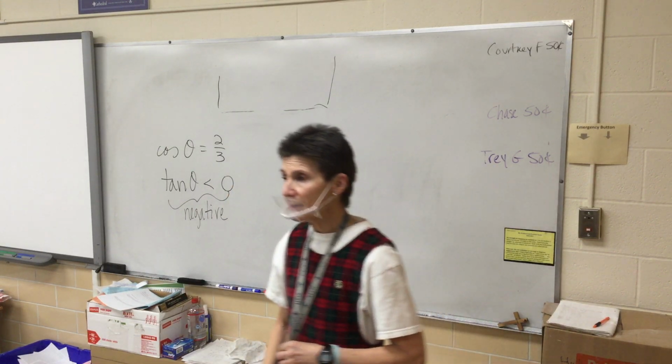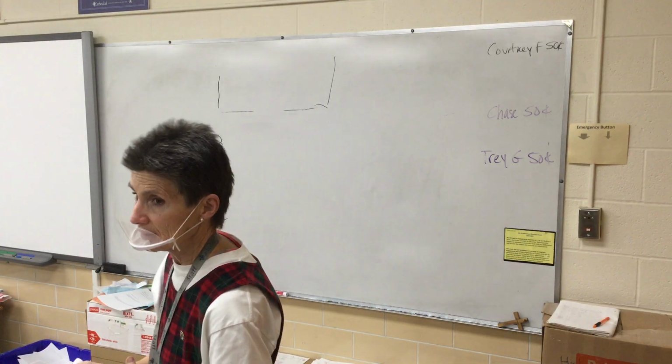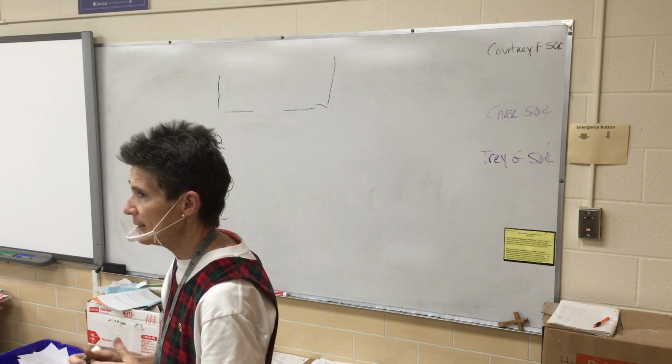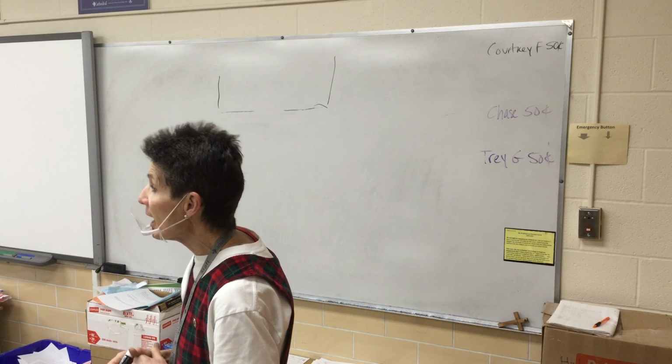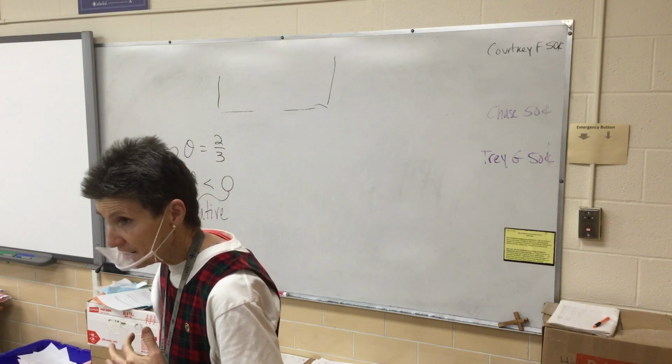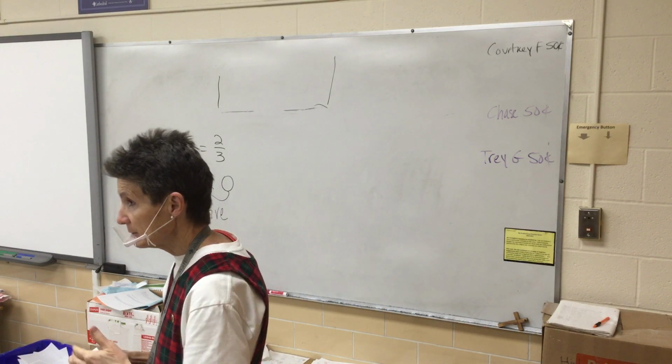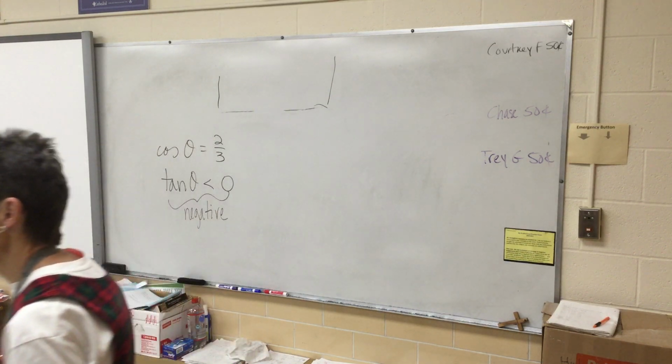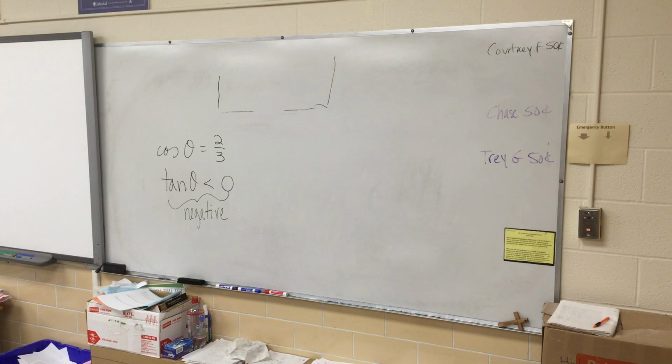Now we talked about this positive negative stuff yesterday. We said that if we're talking about the sine, S-I-N-E, we can tell if it's positive or negative by looking at y. You remember that conversation? Critical. Sine is associated with y.